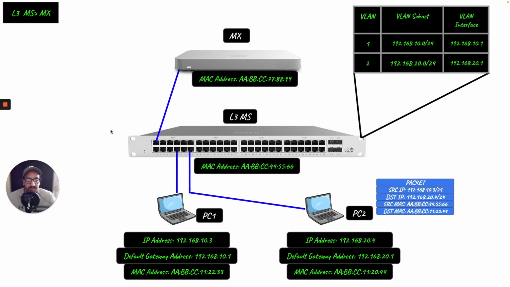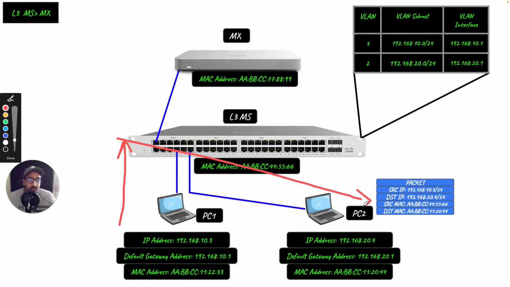That's the major difference. What happened here is the packet essentially went here, was processed by the layer 3 switch, and went over to the PC. So this is the major difference: the layer 3 switch can do inter VLAN.